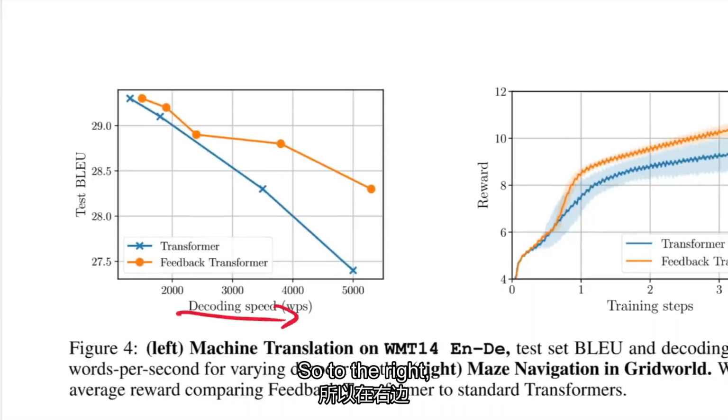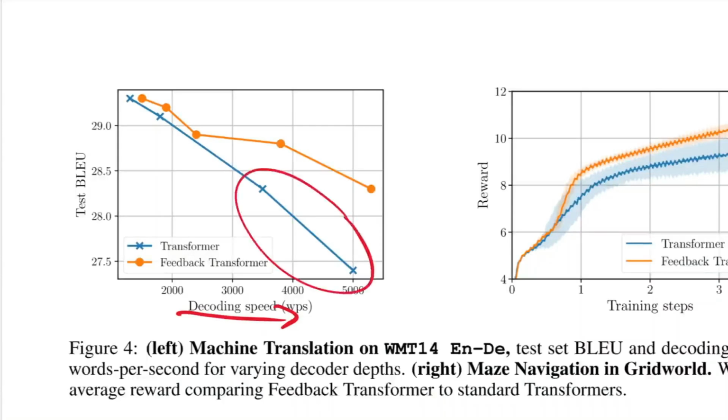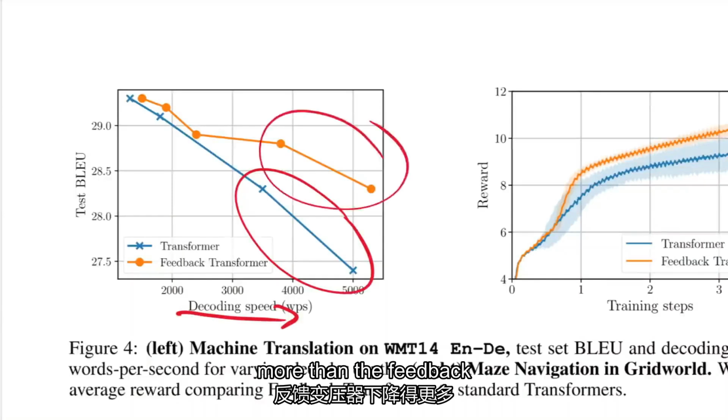So to the right, you go shallower in the transformer. And as you have fewer layers, the decoding speed increases for both of these models. However, the classic transformer sinks in performance a lot more than the feedback transformer, thanks to those feedback connections.